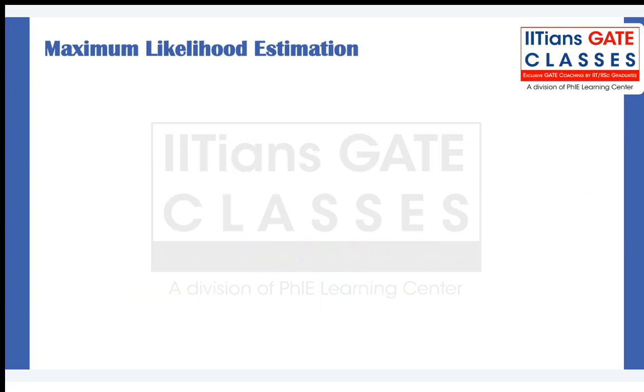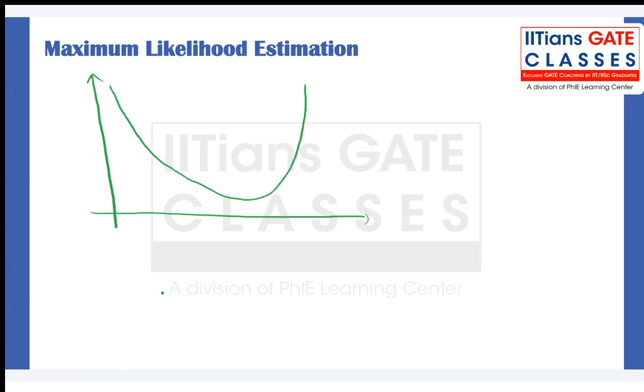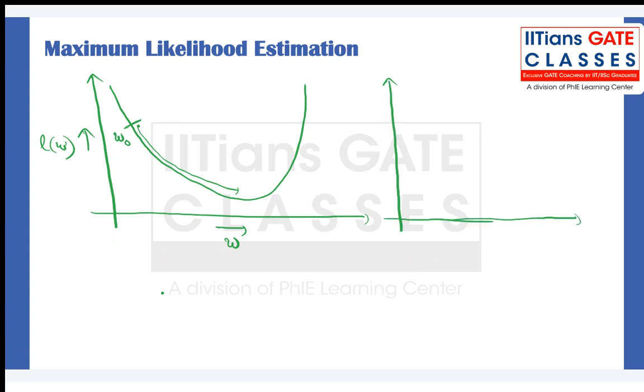Now, what do I mean by a function being convex? Given this graph, the function is like this. So for a given w, this is my loss Lw. I might have any initial loss, let's say W0, and my goal is to come back to here. If the function is not convex, the function could be something like this.